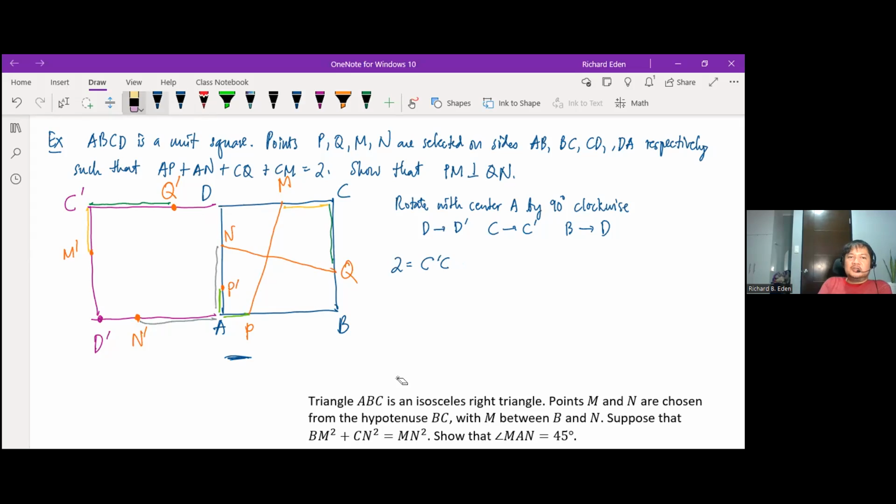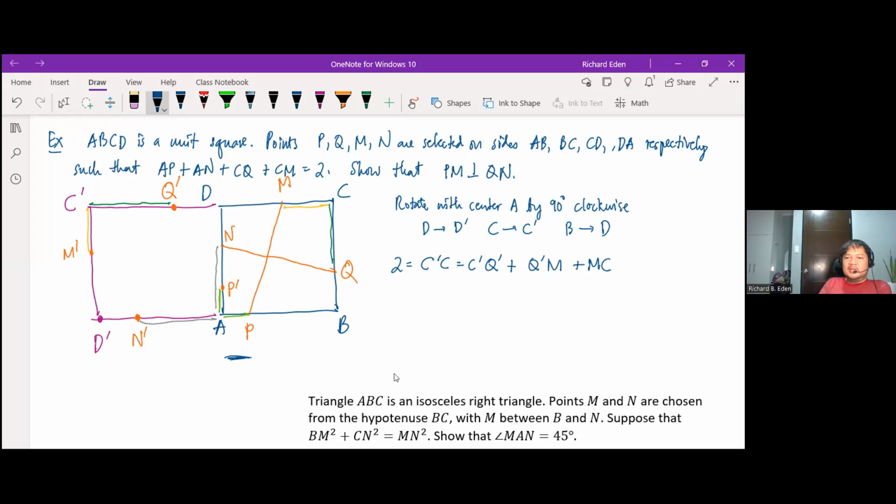This C prime C is C prime Q prime plus Q prime M plus MC for now, rather than Q prime D plus DM.